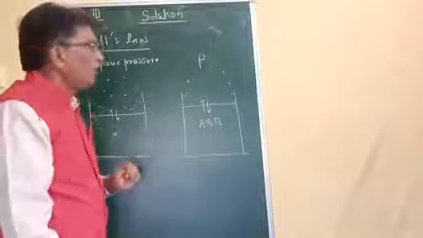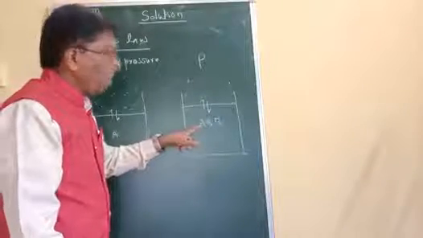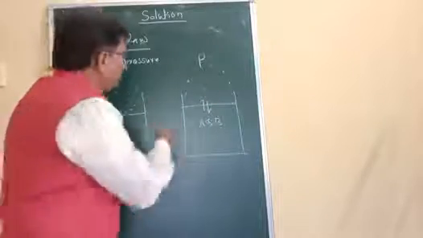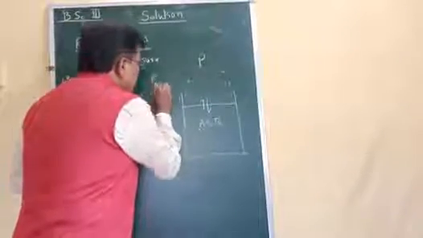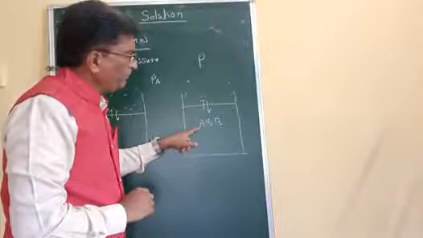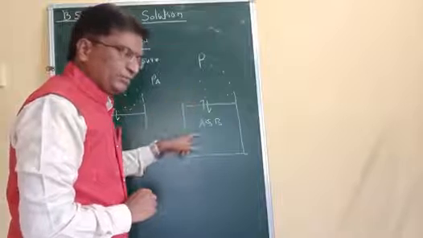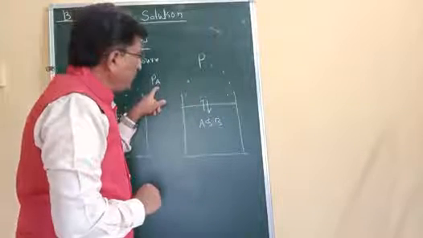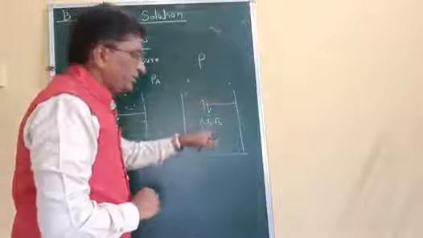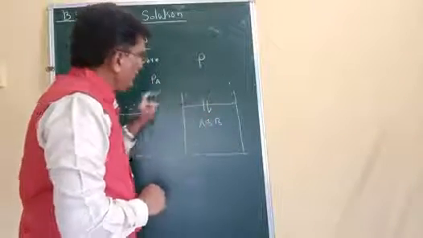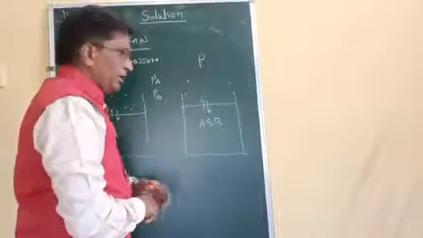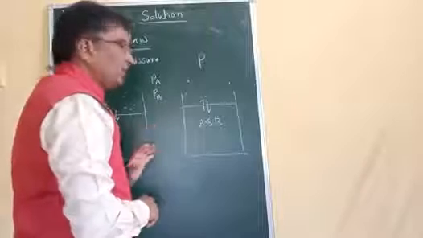If we measure the vapor pressure exerted by A vapors, then that is called the partial vapor pressure of A. And if we measure the vapor pressure of B component out of this total, then it is called the partial vapor pressure of B. With the method, it is not possible.